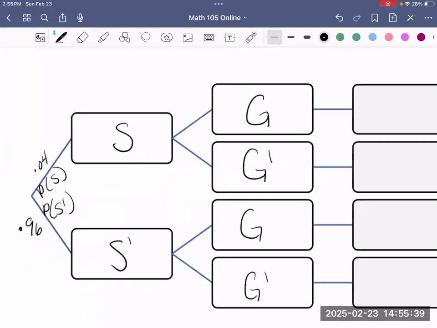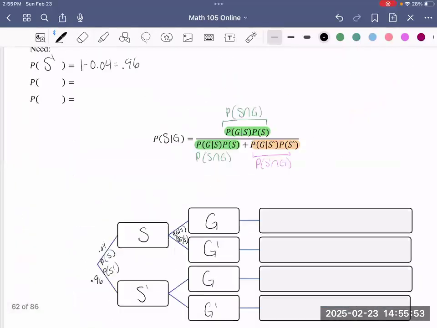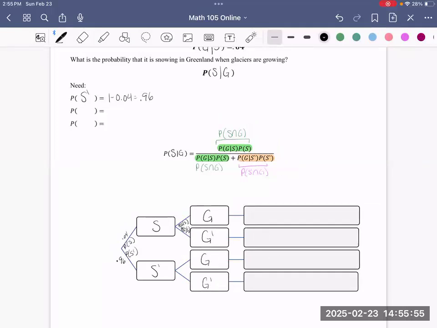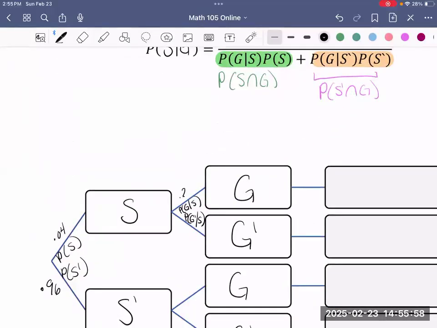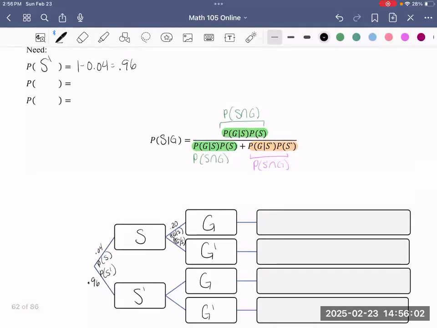And again, these little probabilities: the probability that it's growing right now, given that the snow is appearing, or the probability that it's not growing, even when it is snowing right now. Now, we were told that we have a 20% chance of this happening right here. So 20% chance that it grows right now as it's snowing. Therefore, its counterpart is when it's not growing, but it's still snowing. So 1 minus 0.20 is 0.8.